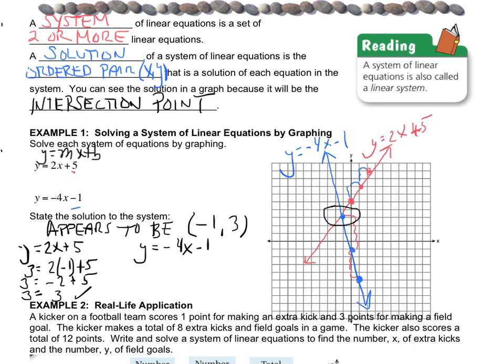It is, so it works. But to be a system, it has to work for both. So then I have to move over to the second one, plug in the y as a 3: negative 4 times negative 1 minus 1. Negative 4 times negative 1 is positive 4, and 4 minus 1 is 3. So it works for that one. And at this point, this is where I can say my solution to this system is negative 1, 3.